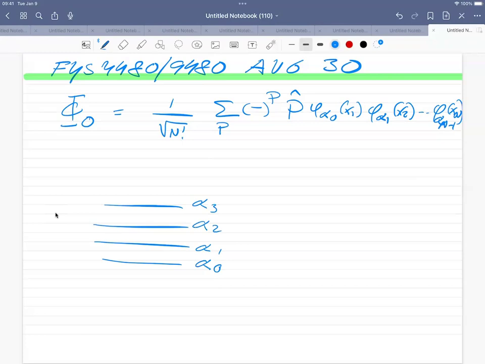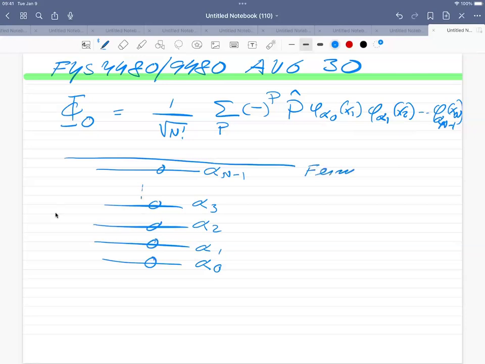So these states all run up to the final one, which we label as n-1. So we have n particles, which we distribute this specific way. And here, we normally define this as the Fermi level. So that's the last occupied level in this ansatz. And then we have an infinity of states above that.